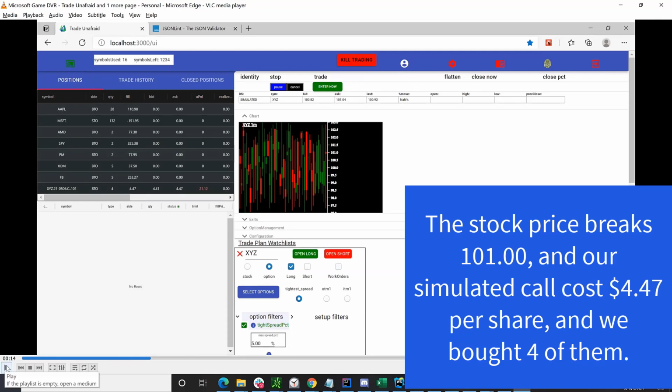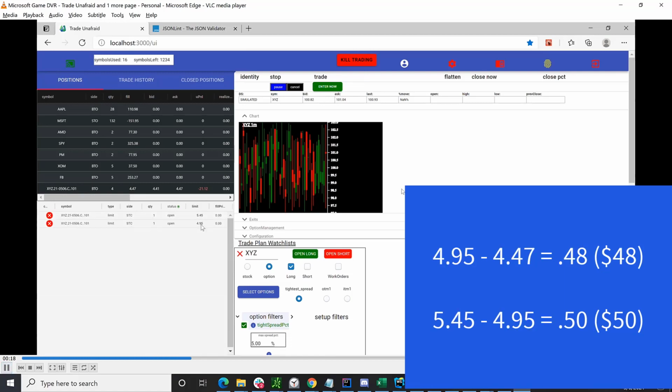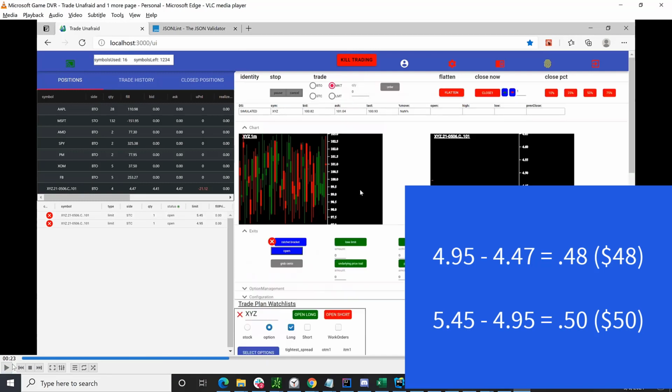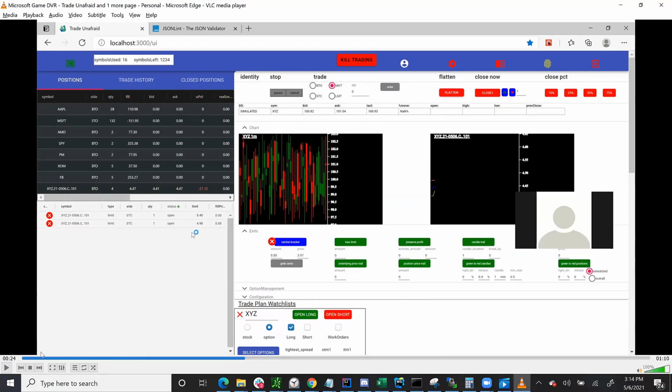In this one, I had a target profit of $50, so it's going to look a little bit different. That's where you see the 4.95, which is about $50, and 5.45. And you'll see a stop of 50, so 4.47 minus the 50 is going to be a $200 stop loss. Very simple.